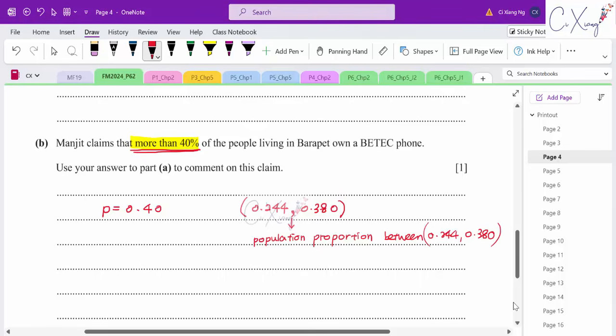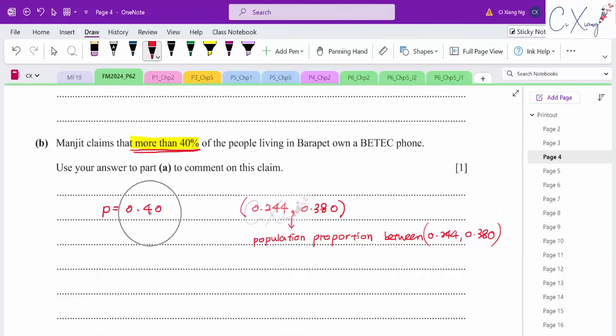But if you have a look at our value here, he said that it should be more than 40%. That means the proportion should be 0.40. So do you think 0.40 is a correct value, because we have estimated just now that the population proportion should be within these two values? But 0.4 is very obviously already outside the confidence interval, right?